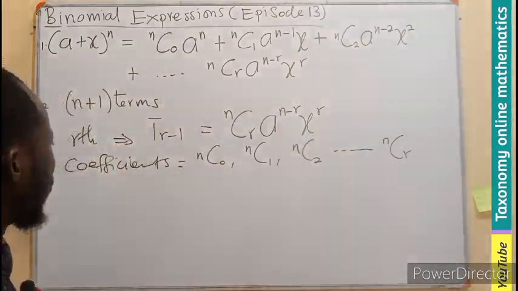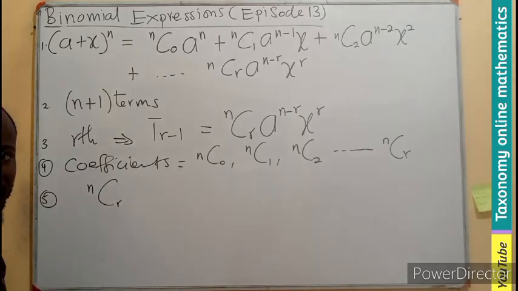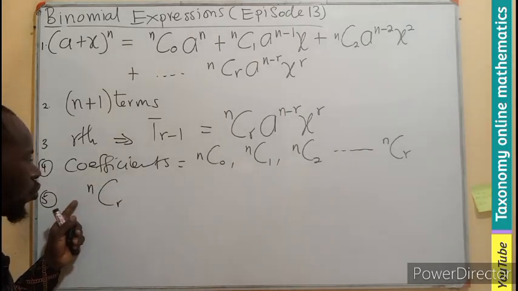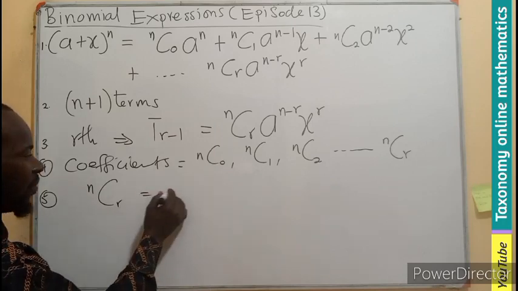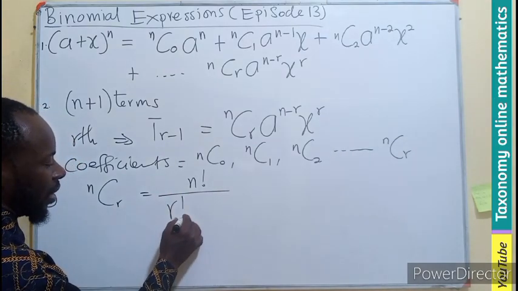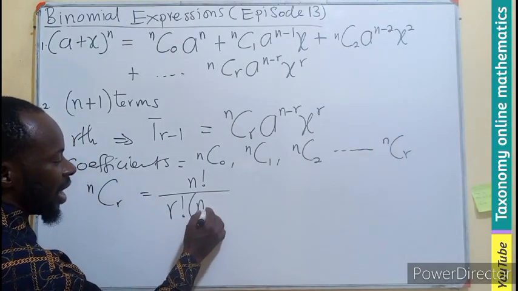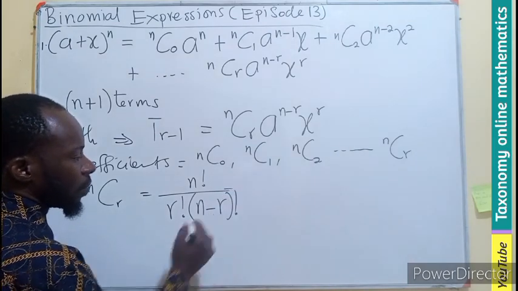We can also say that if I have this combination, how am I going to calculate it? It is given as n factorial divided by r factorial times (n minus r) factorial.